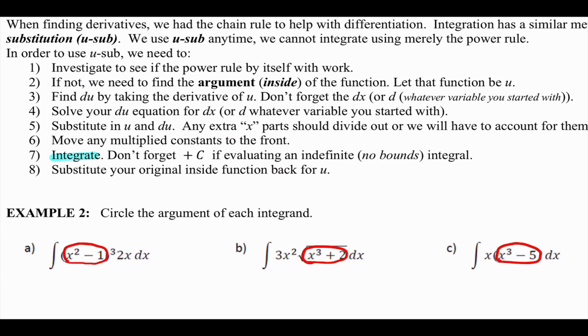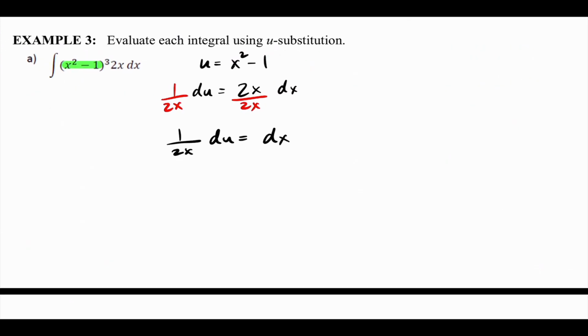Number 5. Now I'm going to substitute in u and du to the original equation. Okay, so I'm going to rewrite the original, but I'm not going to use x's. I'm only going to use u's and du's. This is where the substituting comes in.